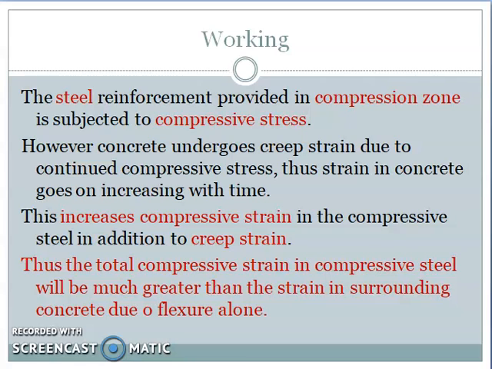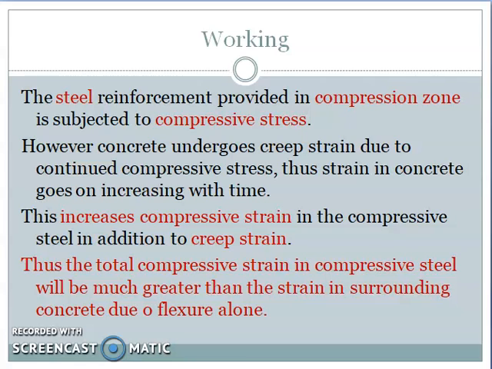This increases the compressive strain in the compressive steel in addition to creep strain. So first, due to the compressive stress, a long-term strain is generated in the concrete. Due to this long-term strain in the concrete, there is an increase in compressive strain in the compressive steel. Like it increases in concrete, it increases in steel also, in addition to creep strain.